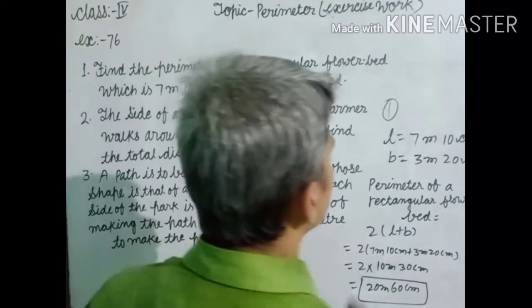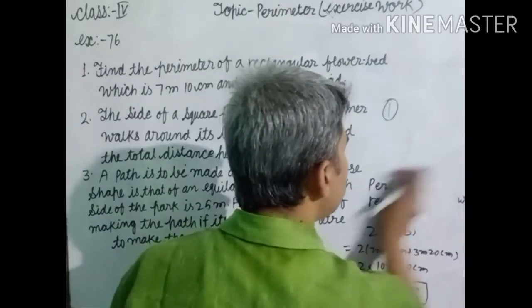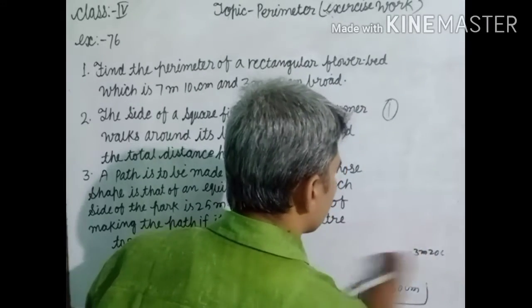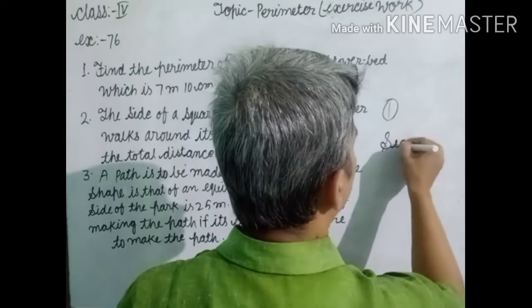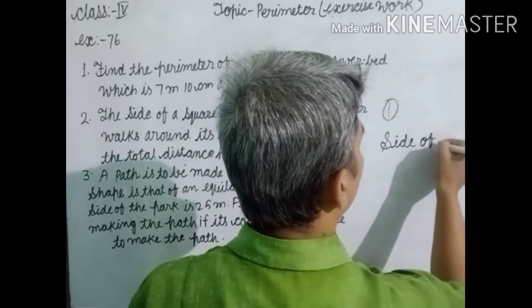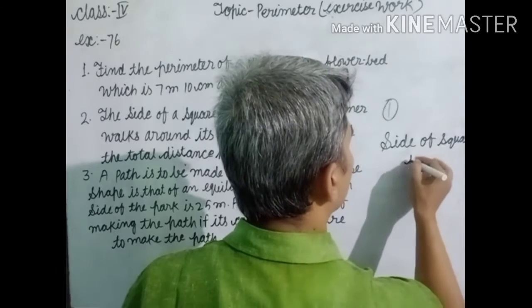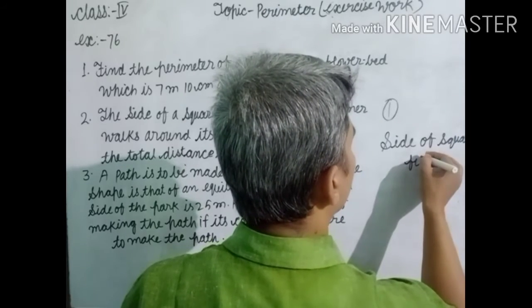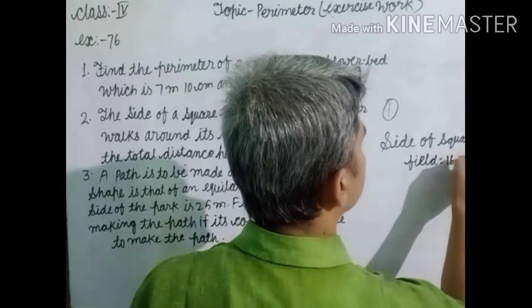So dear students, you know that your field is a square field. So you write down: side of a square field is equal to 160 meters.